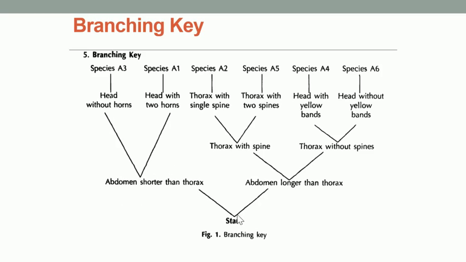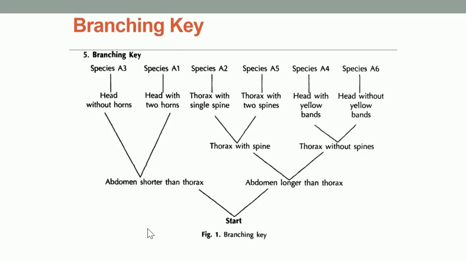So this is the starting point of the key, and obviously I will have to go to this branch of the key. Then suppose this first specimen has a second character, that its head possesses two horns. So obviously I have to go to this branch, head with two horns, and based on these two characters I will identify this specimen as belonging to the species A1.